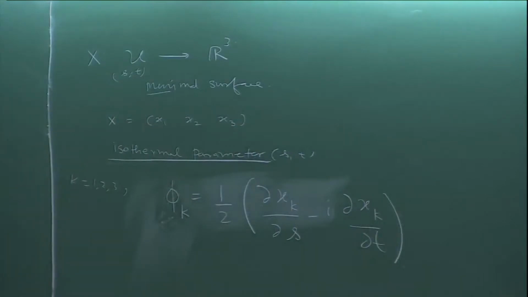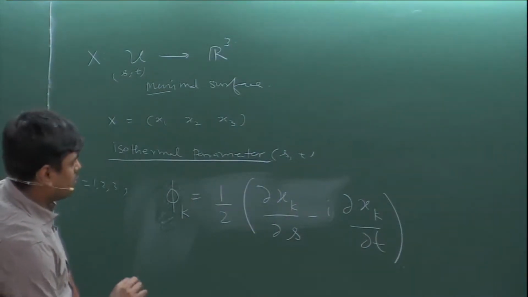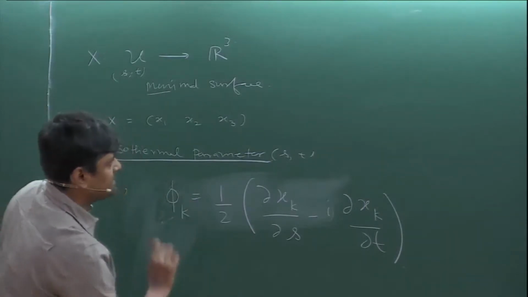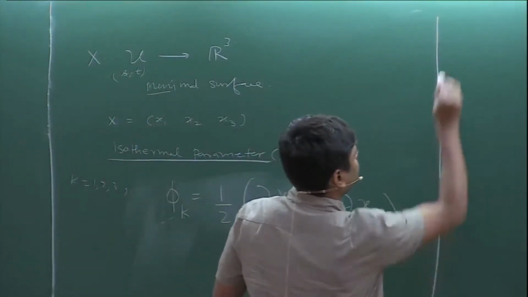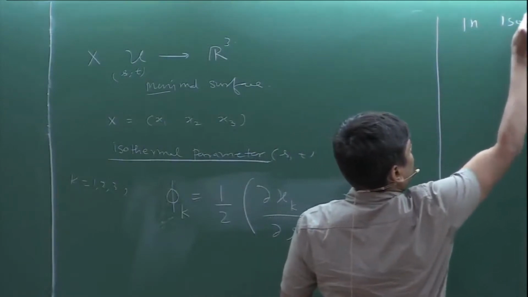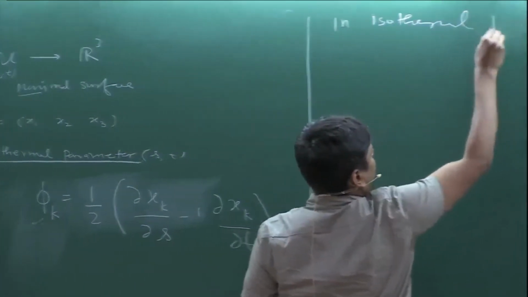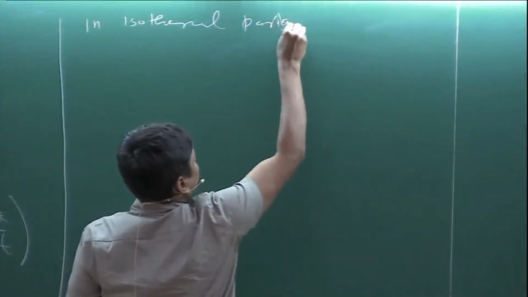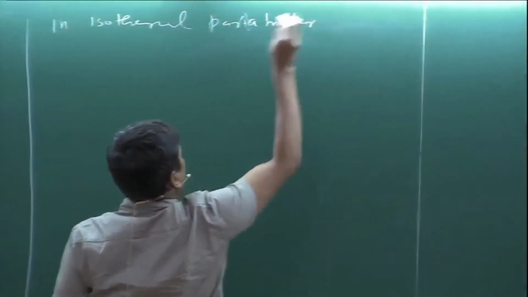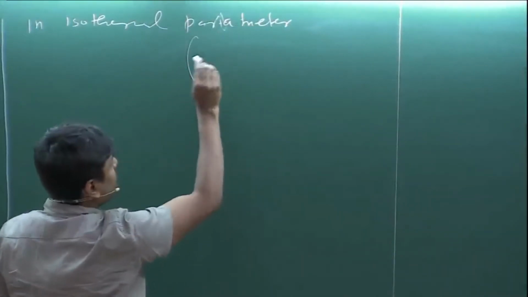So if I define these phi k, we have seen in isothermal parameter, again I'm writing here, isothermal parameter means what?